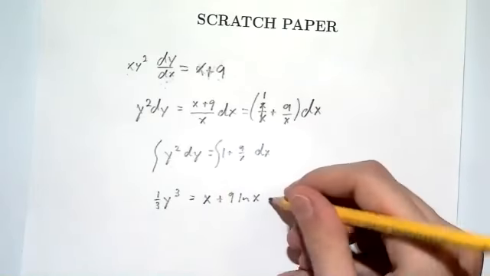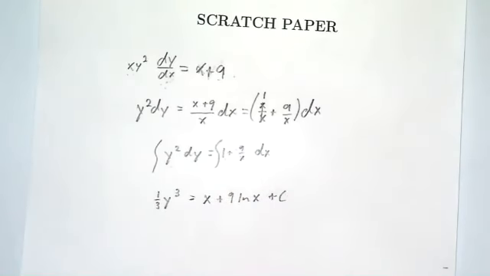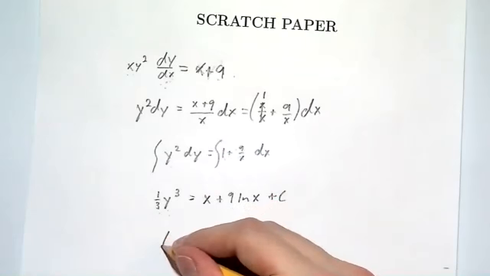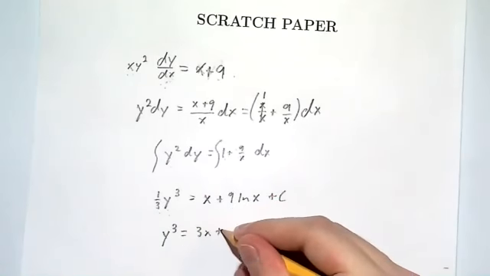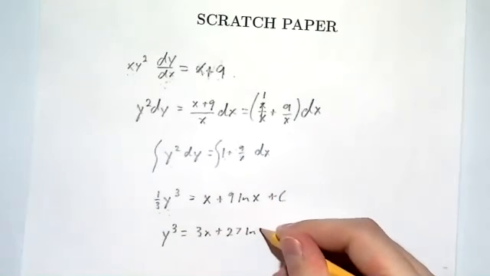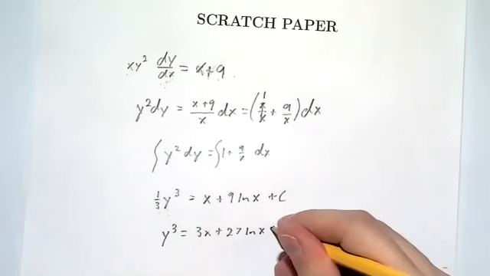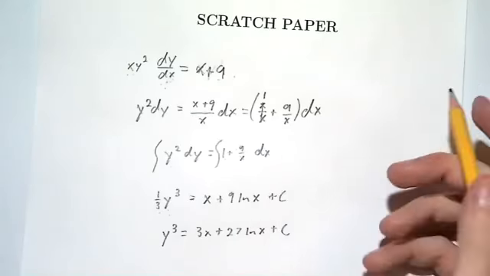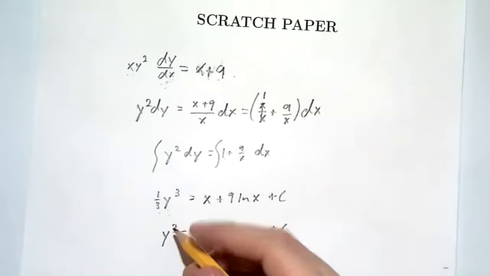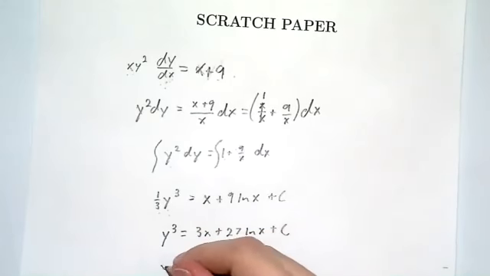And now we just do our plus c. Now we have our 1/3 y cubed here, and we want to get it down to just y. So we get y cubed is equal to 3x plus 27 natural log of x, plus c. We can keep the c the same because 3 times c is still just a constant. And now we just simplify by taking the cube root.